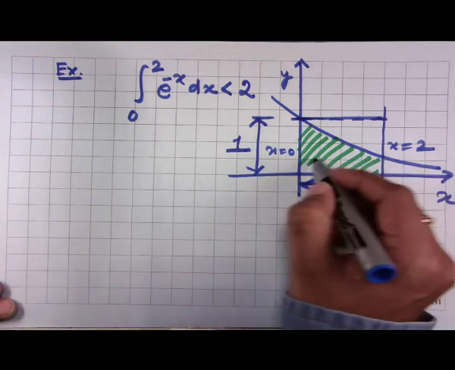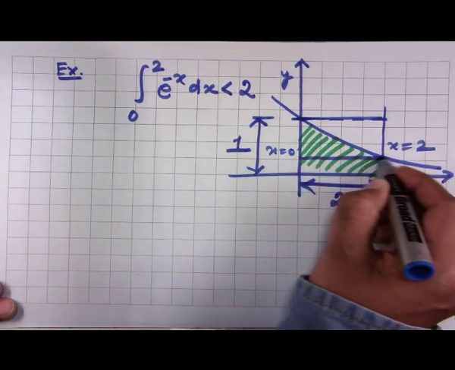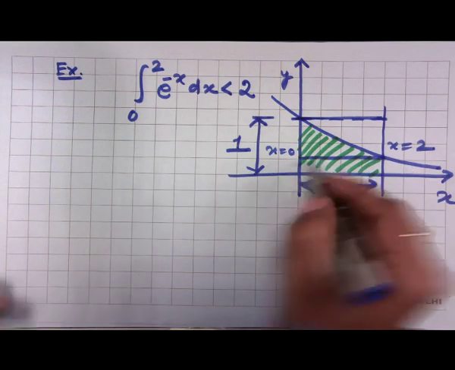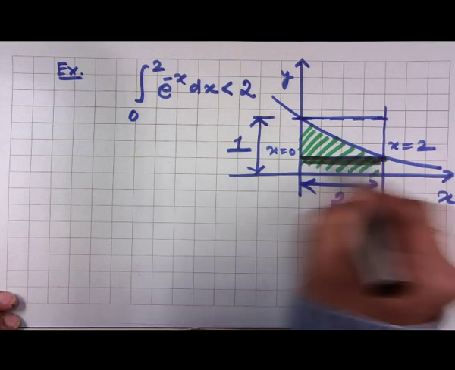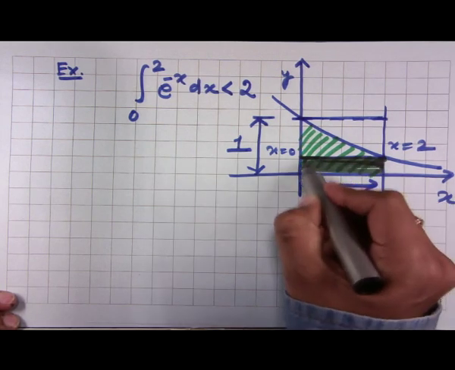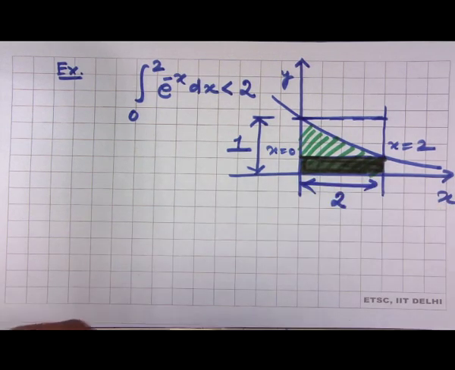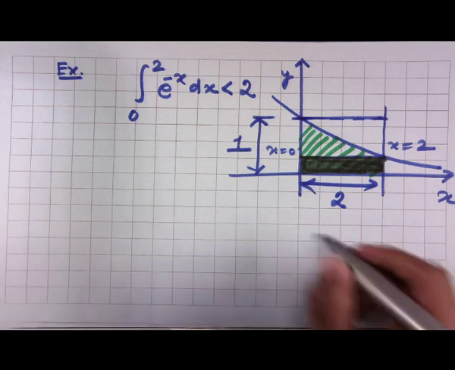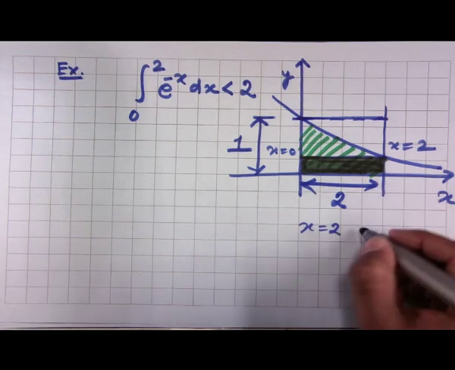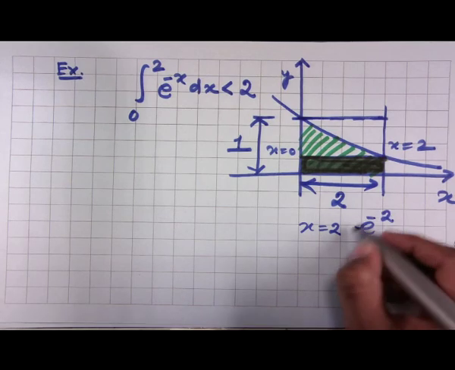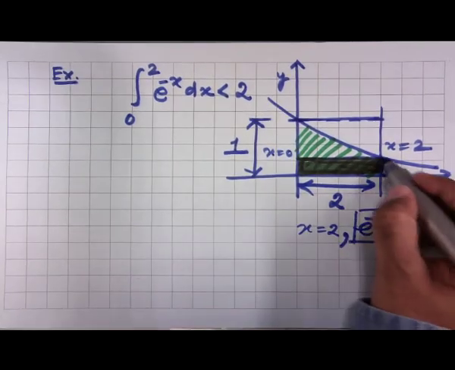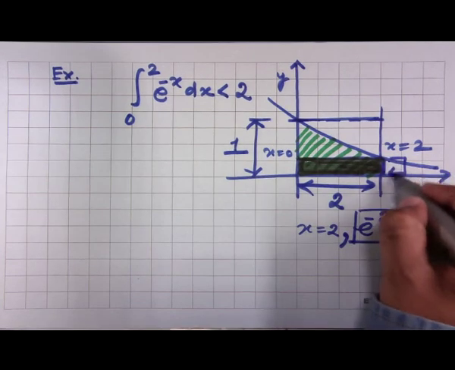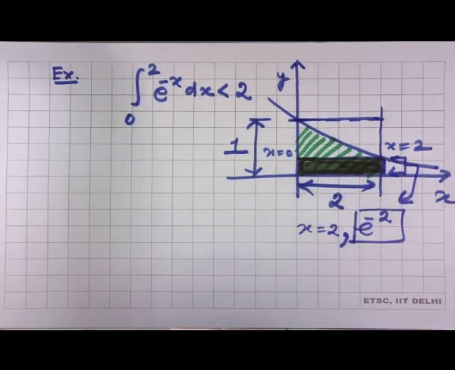For the lower bound we have to draw this rectangle, and since the function is decreasing throughout, the lower bound will be given by the area of this rectangle, which is at x equals 2, where the function value is e power minus 2. So this height is e power minus 2.